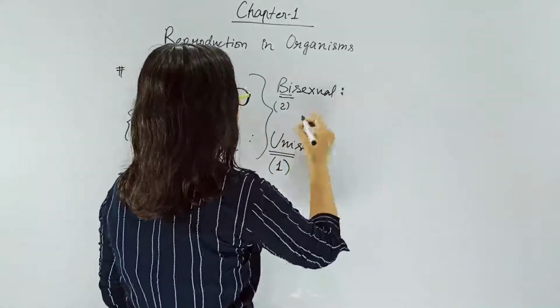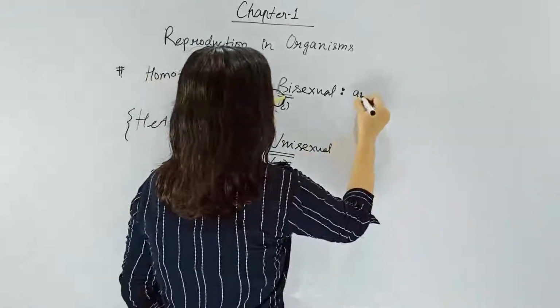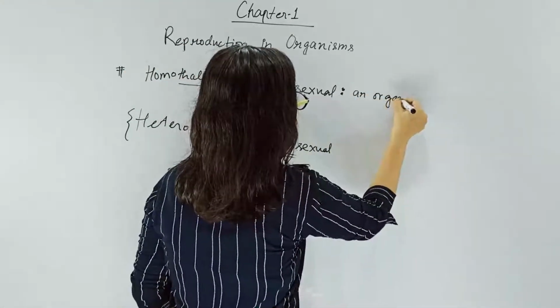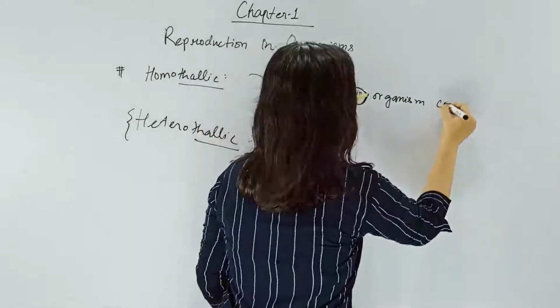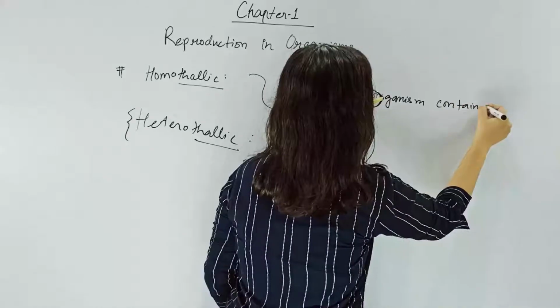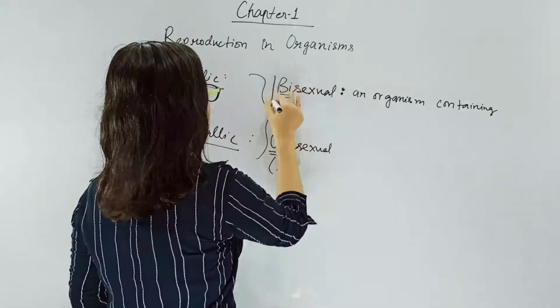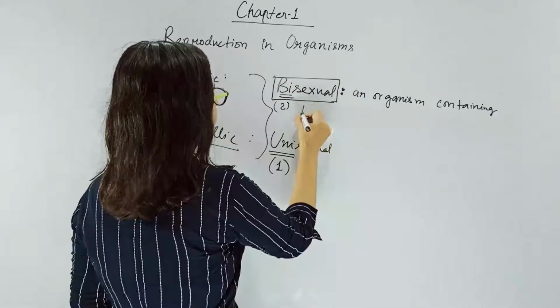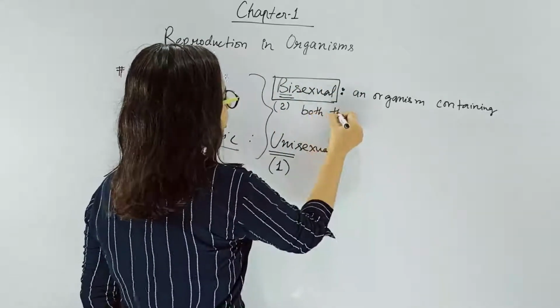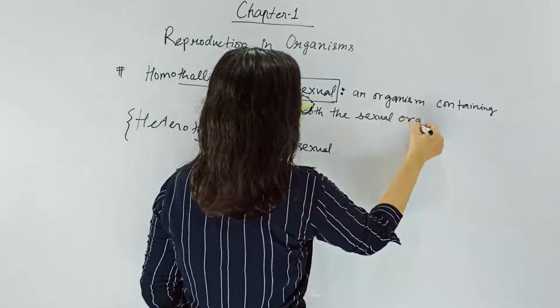So bisexual means an organism containing both the sexual organs.